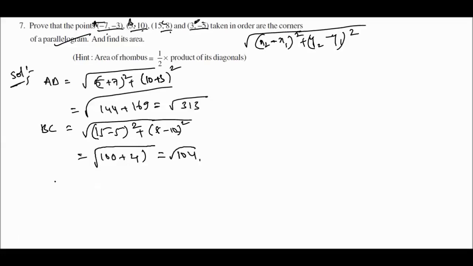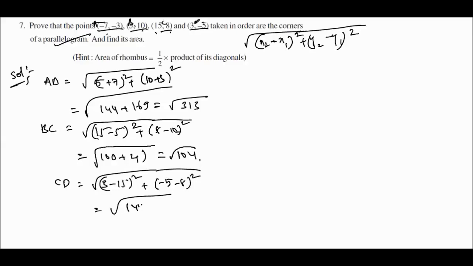Then CD is equal to under root of (3 minus 15) whole square plus (minus 5 minus 8) whole square. So 12 square is 144 plus 13 square is 169, under root of 313. So this is CD.